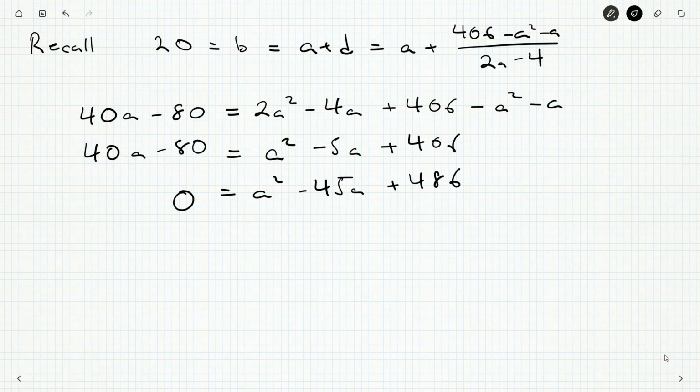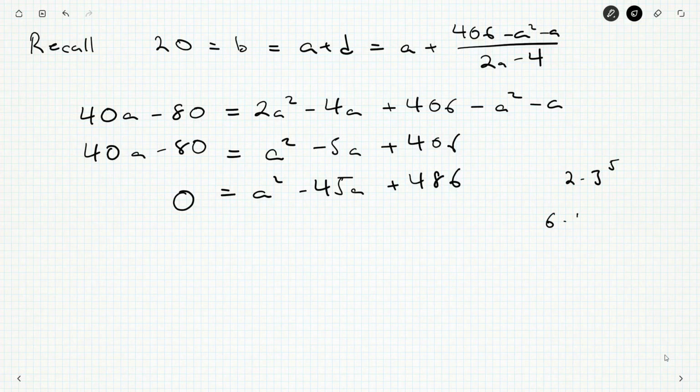So the question is, can I factor this? These numbers are kind of awkward, so I wouldn't necessarily sit around trying to think of integer factors of 486. You'll get a 2, so 2 times 243. So this thing is 2 times 3 to the 5.